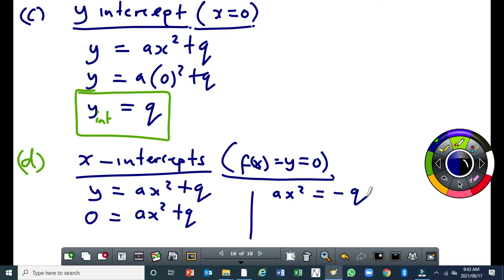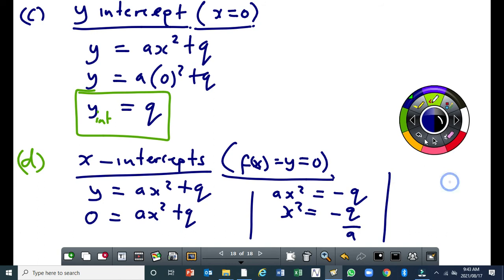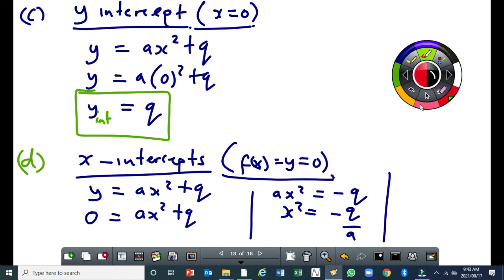Then divide both sides by a, you get x squared equal to minus q over a, which I can finally say my x-intercepts are going to be x equal to plus or minus the square root of minus q over a.